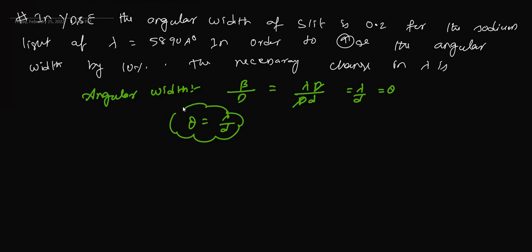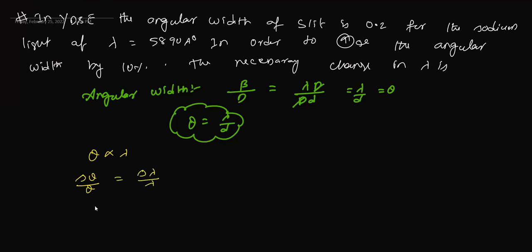Now in the question, they're asking the theta and lambda relation. Observe here, theta and lambda are changing. So theta is directly proportional to lambda if d is constant. If you write the fractional change in errors, delta theta by theta equals delta lambda by lambda.